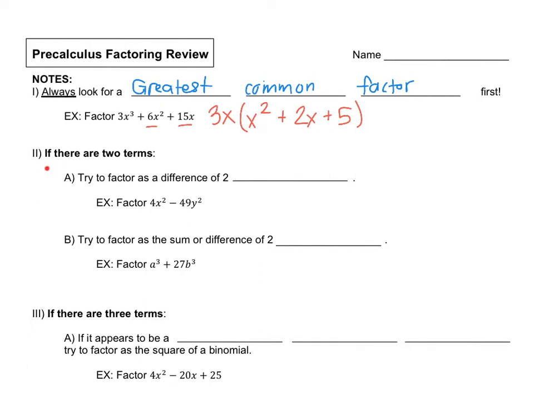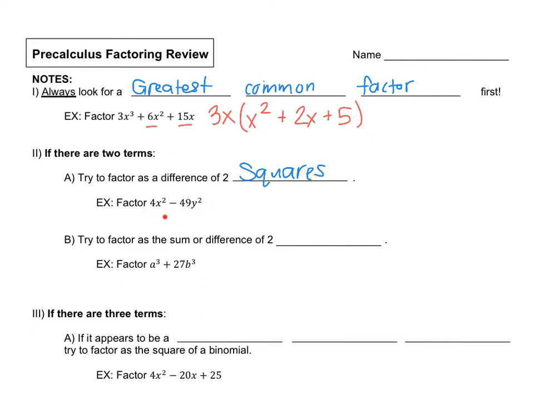The next step: if there are only 2 terms in your factoring, again check for a greatest common factor. If not, there's a really good chance that expression can be factored by a difference of 2 squares. This was something we were introduced to in Math 3 last year.